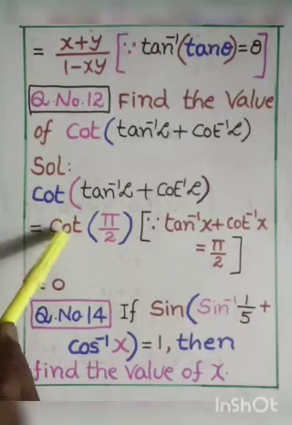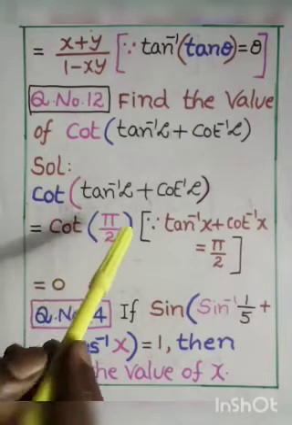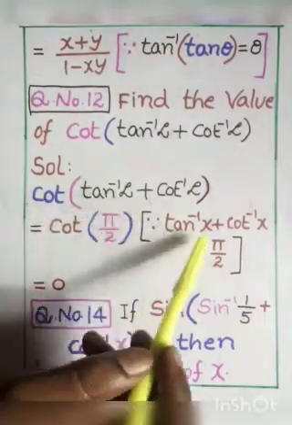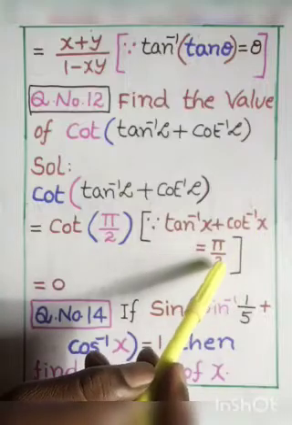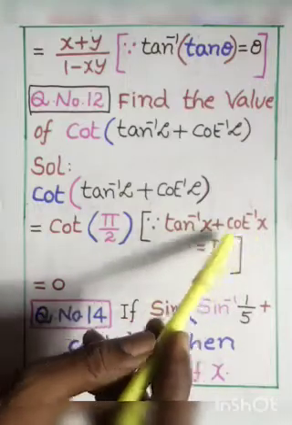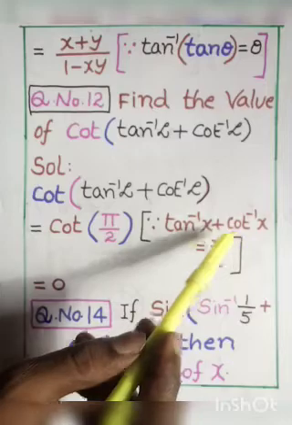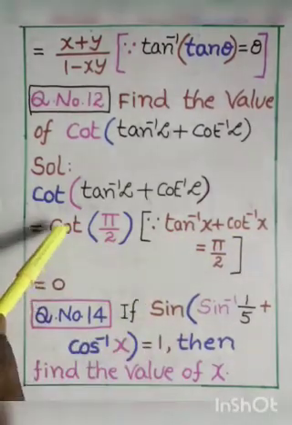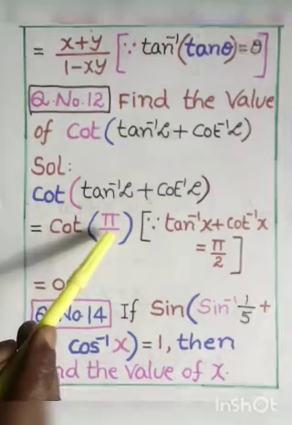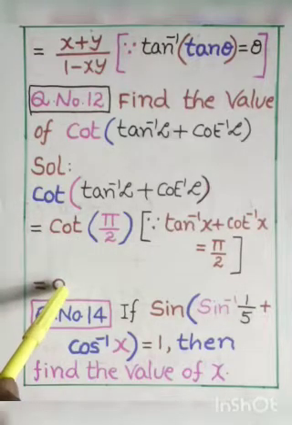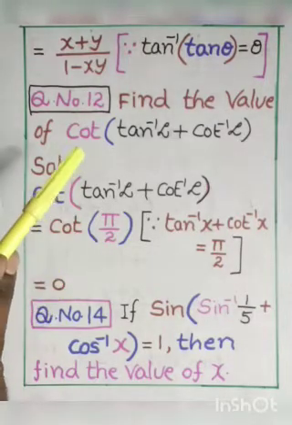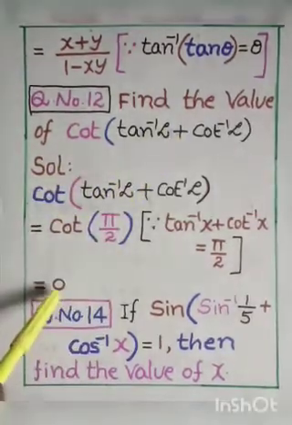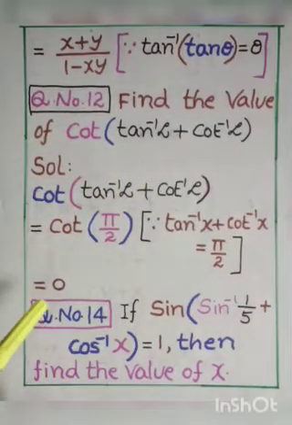That is equal to cot of pi by 2, because tan inverse x plus cot inverse x is equal to pi by 2. This is also property of inverse trigonometric functions. Understood, my dear children? That is equal to cot pi by 2. What is the value of cot pi by 2? 0. Therefore, the value of the given function is 0. Understood, my dear children? Right.